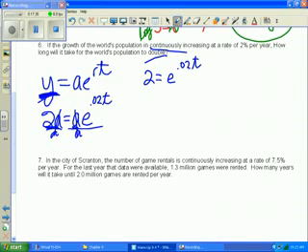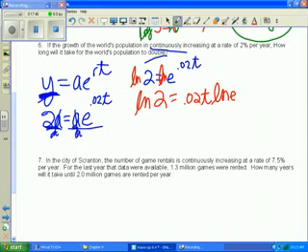A stands for your starting amount. And so what am I going to do to solve this? Natural log both sides. So I'm going to natural log both sides. And tell me about natural log E. It's 1.